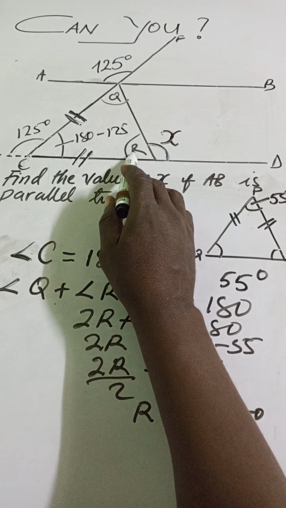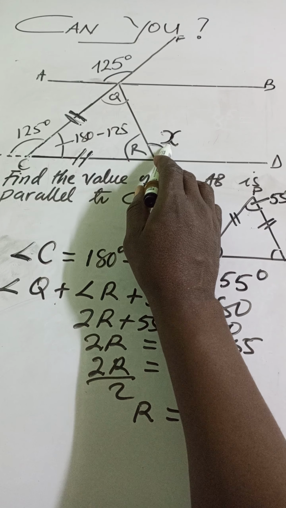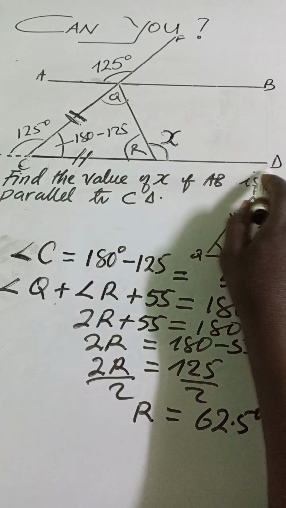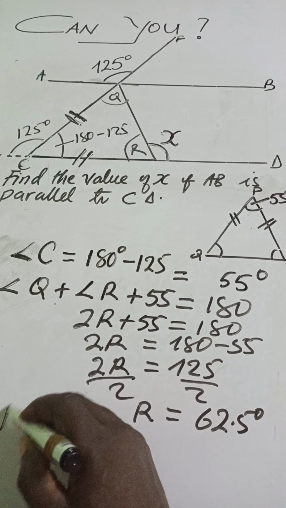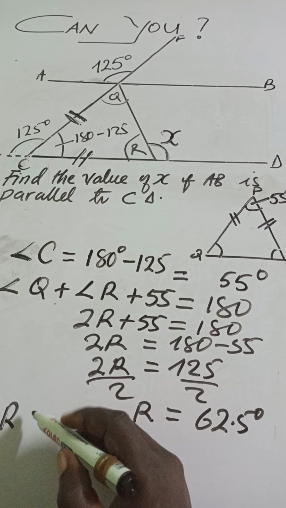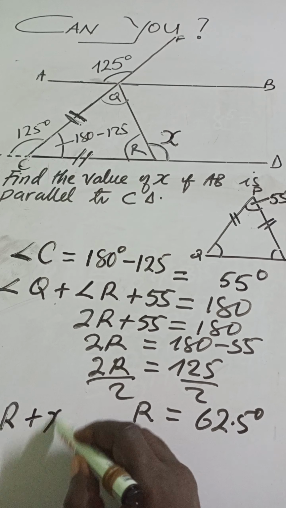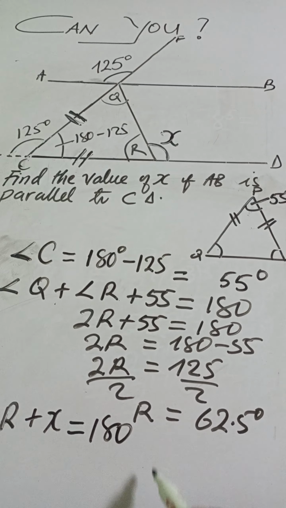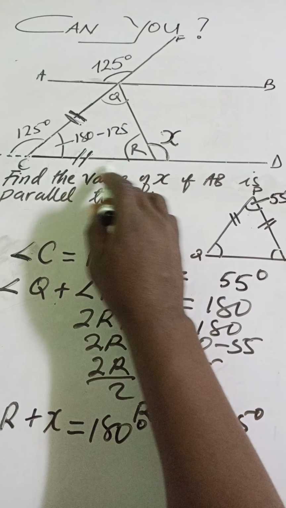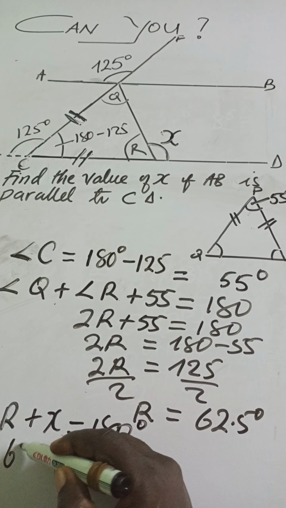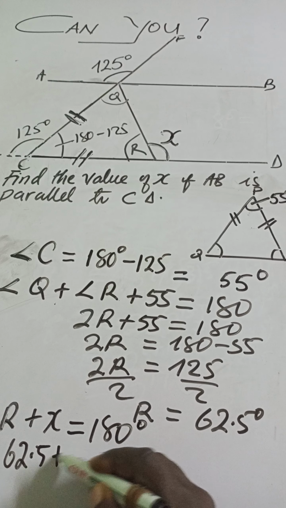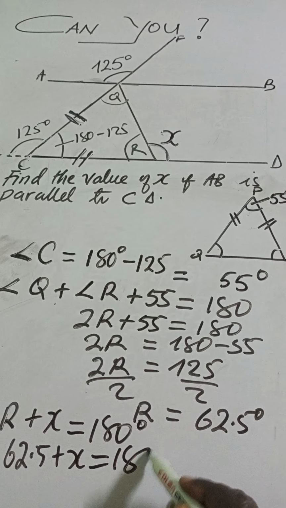And this angle lies with this angle x that we're asked to look for on the same straight line. So how do we get x? We form this equation: R plus x must be 180 degrees. These are angles on a straight line. And we know R is 62.5. So this is the equation we have.